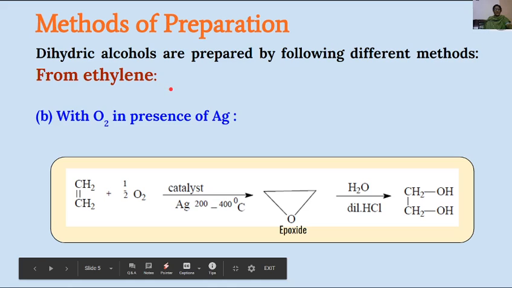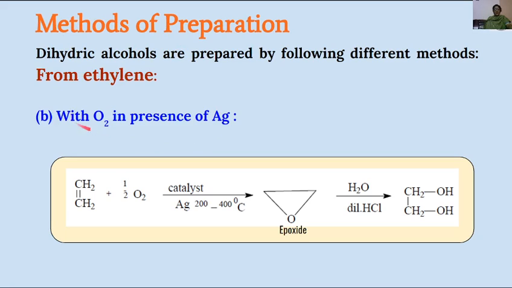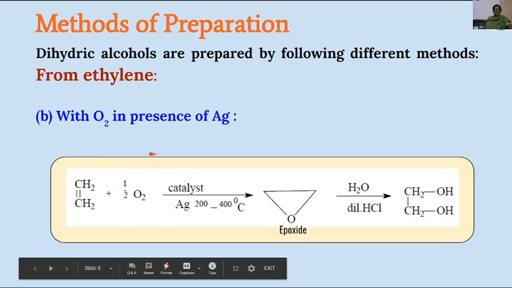The next method of preparation is with oxygen in the presence of silver metal. Alkenes react with oxygen in the presence of silver catalyst at a temperature of 200 to 400 degrees centigrade, giving epoxide, which upon subsequent acidic hydrolysis gives ethylene glycol as the product.